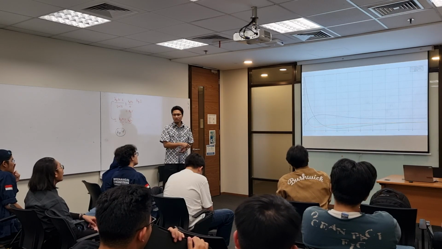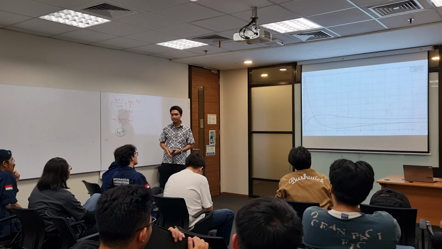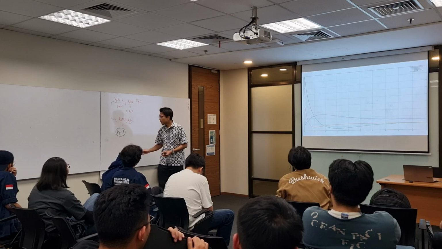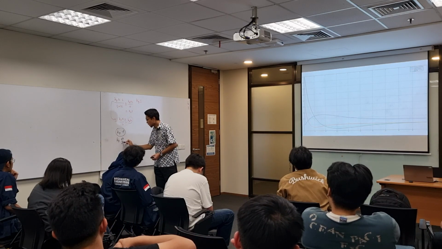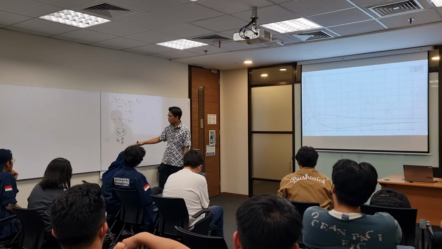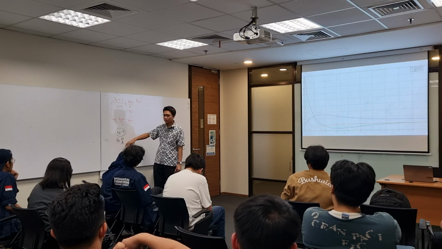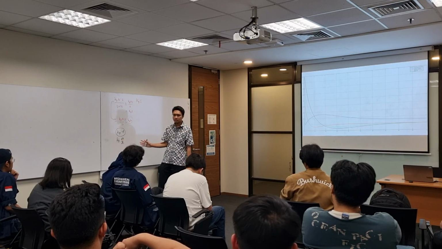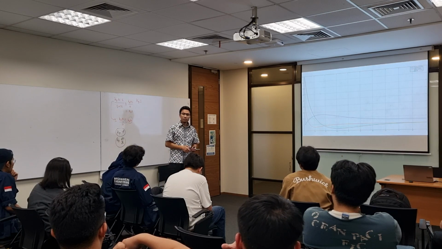What about the derivative? The derivative does dE over dt. So when the error becomes 0, constant, the derivative of a constant is 0. So the control action from the derivative is also 0.